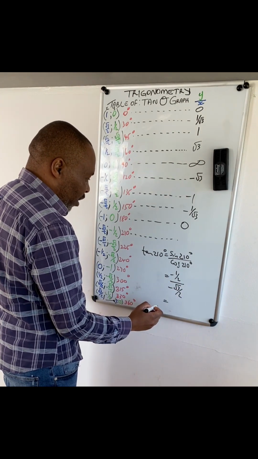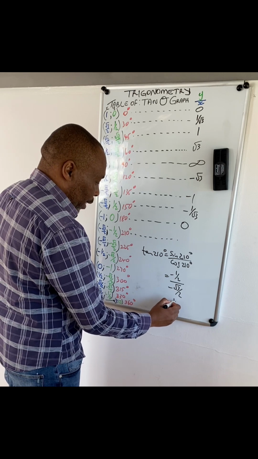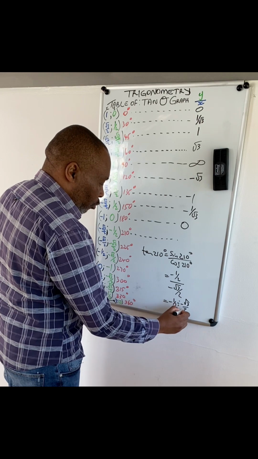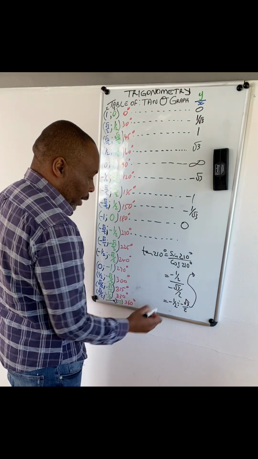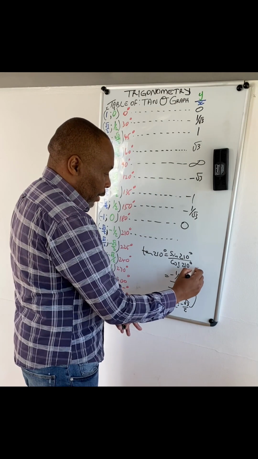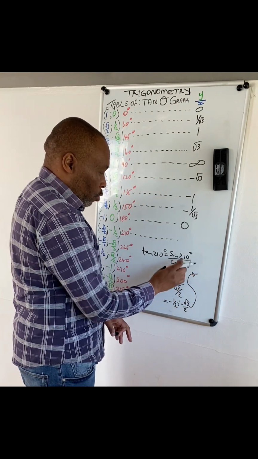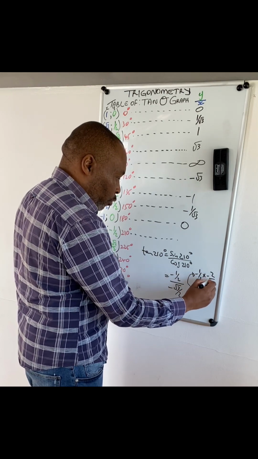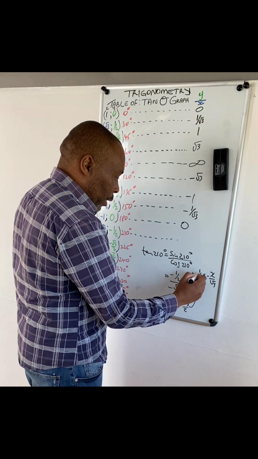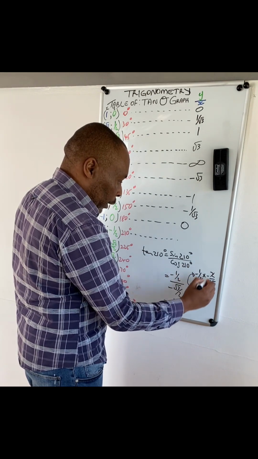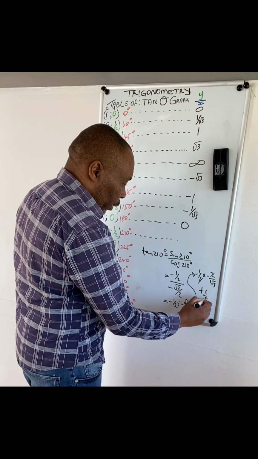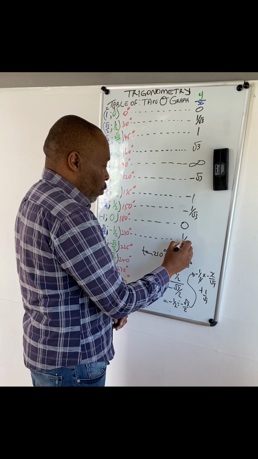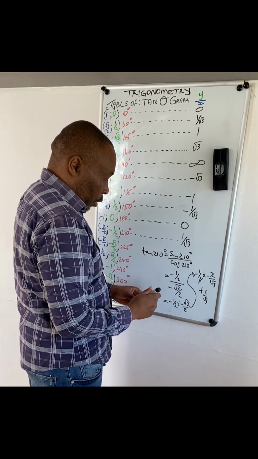It's going to be a negative half divided by a negative root 3 over 2, which is negative half multiplied by a negative 2 over root 3. It cancels, negative and negative is positive. It is positive 1 over root 3. So here we've got 1 over root 3.